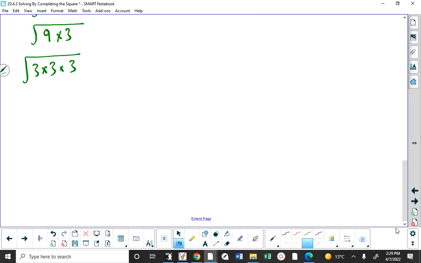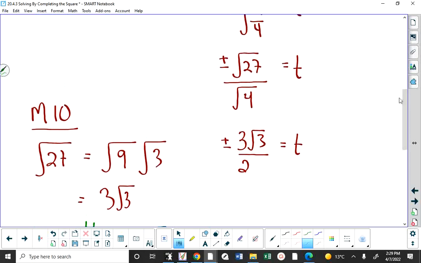I would say, well, since you're taking the square root, you identify a pair and you write the single piece of the pair outside, and the leftovers are left over. That's the language I would use. So anyway, we have to start working with that. These are the values of t. T equals 3 root 2 over 2, or t equals negative 3 root 3 over 2.